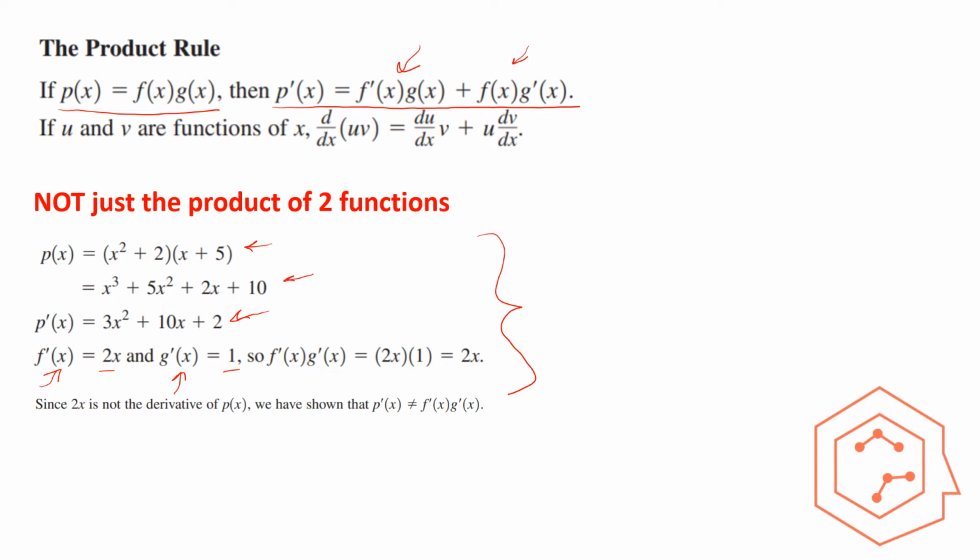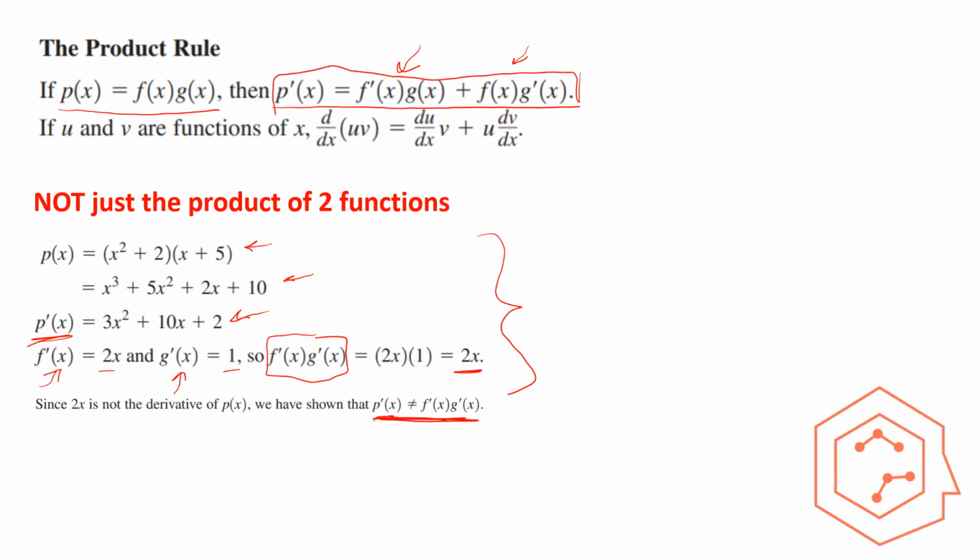So if I multiply the derivative of f(x) and the derivative of g(x) together, I'll end up with 2x, which is not what I'm supposed to end up with. My derivative for p(x) is supposed to be like that. So the derivative of p(x) does not equal just the product of those derivatives. When you're doing it, make sure you're following this formula right over here.